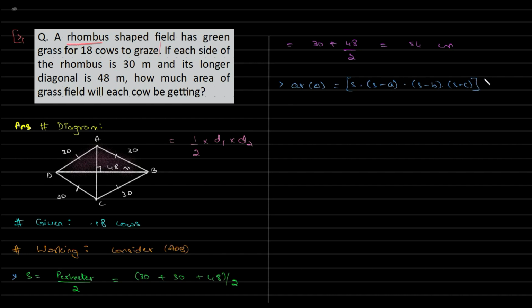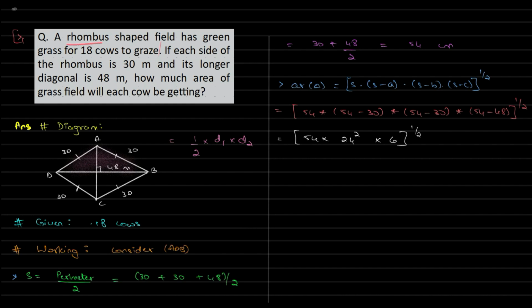So this is 54 into 54 minus 30 into 54 minus 30 into 54 minus 48, to the power of half. And now we have 54 into 24 square into, this is how much? 6.